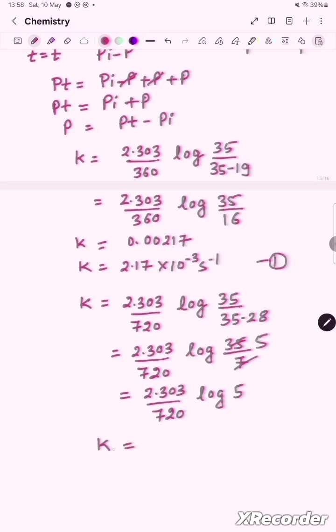After calculating this, k is equal to 2.23 multiplied by 10 to the power minus 3 per second.